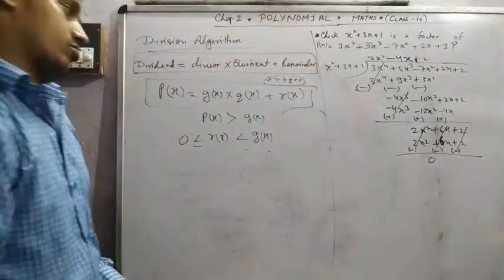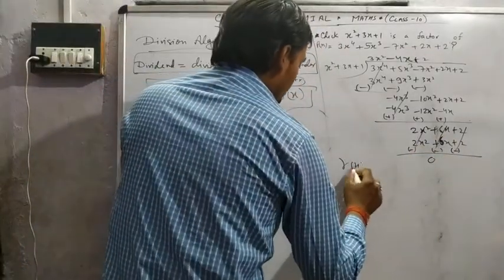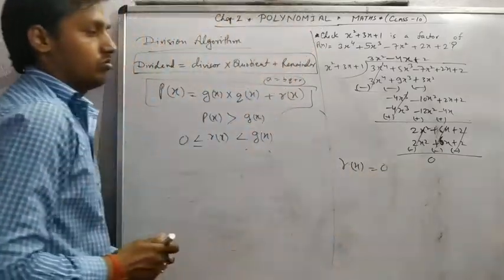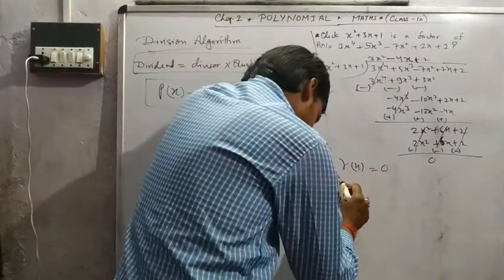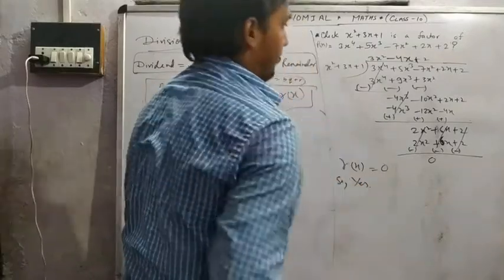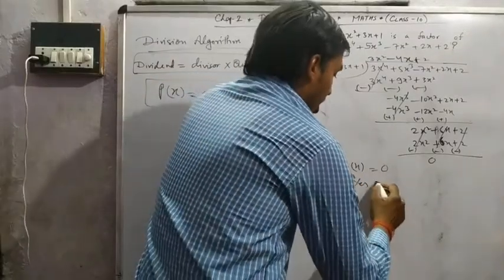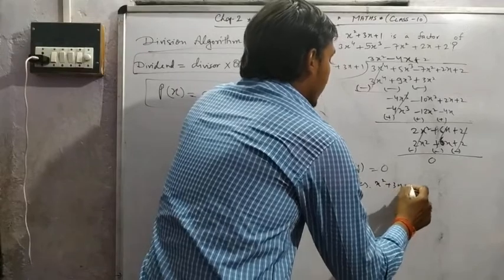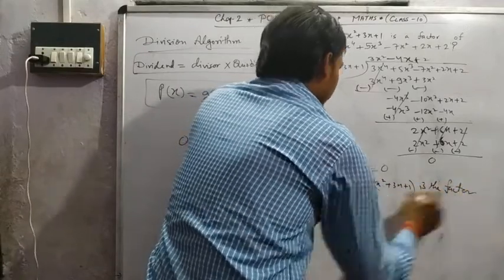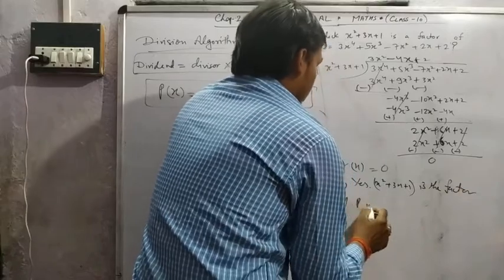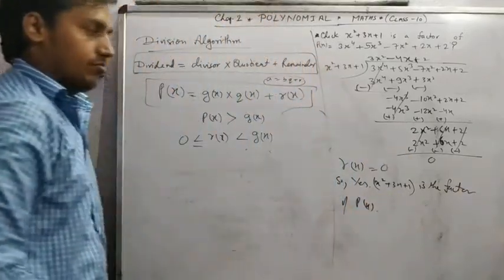The remainder will be 0, means r of x equals 0. If the remainder becomes 0, so yes, x square plus 3x plus 1 is a factor of p of x. Okay?